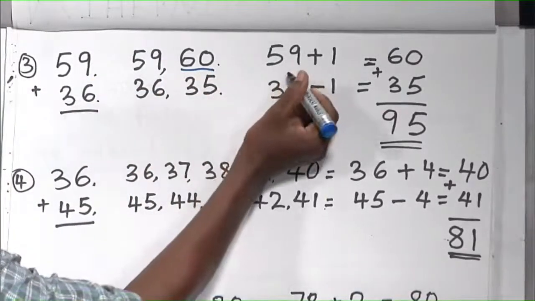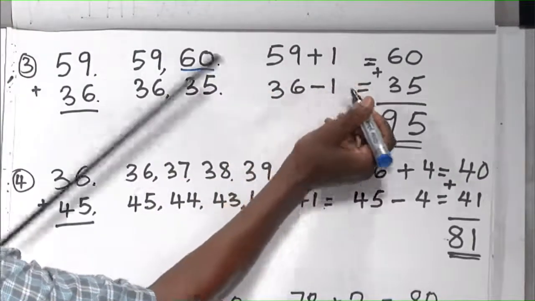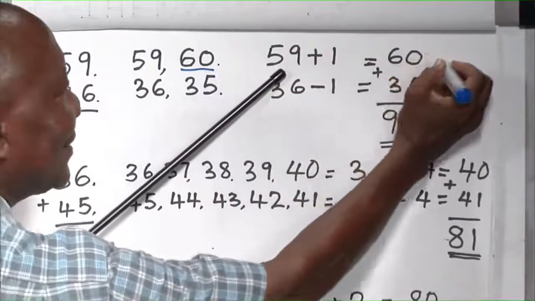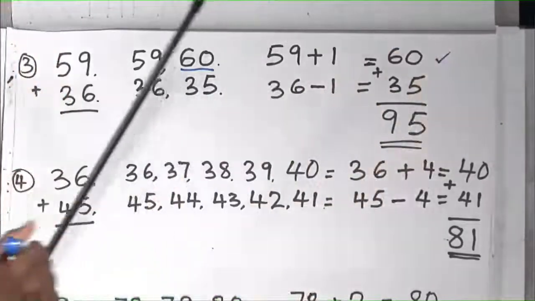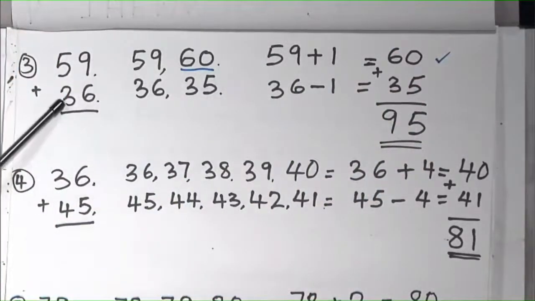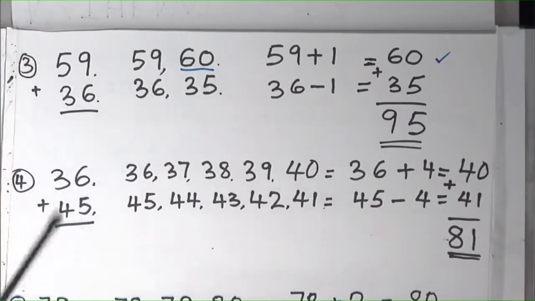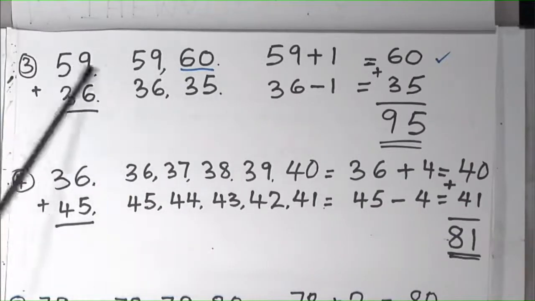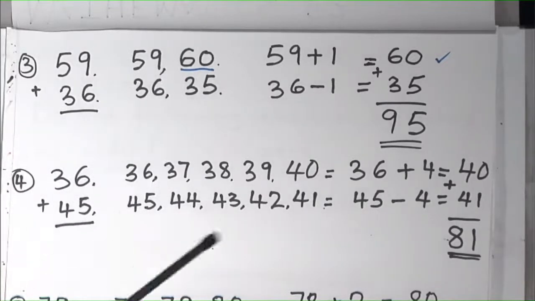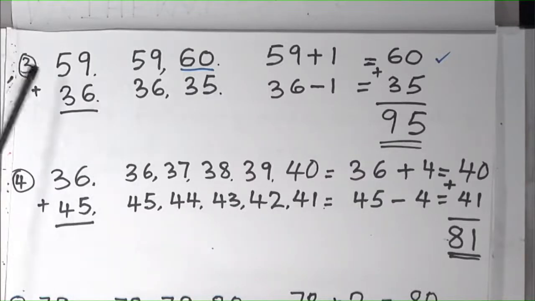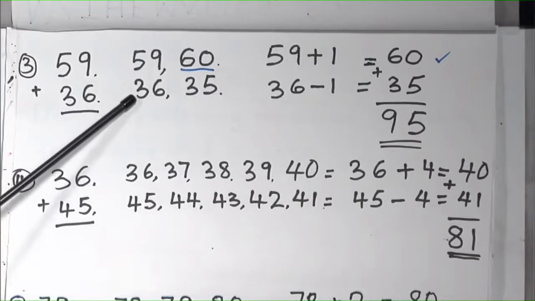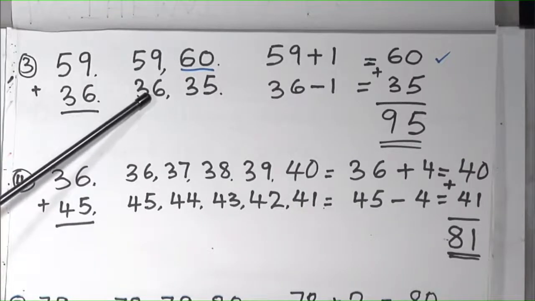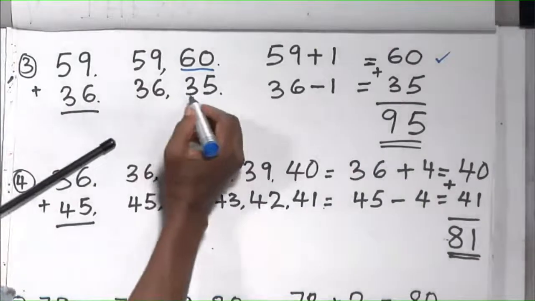So it's 59 plus 1. That will give us 60. Then 36. We have to subtract 1, because to the 59 we added 1 to get to the number which ends in 0. So we have to subtract 1 from the 36. When you subtract 1 from 36, we get 35.